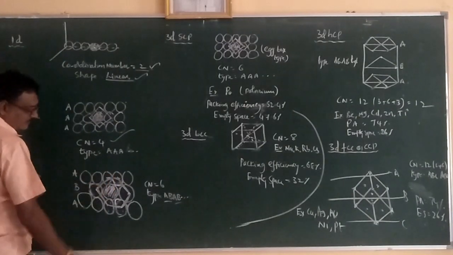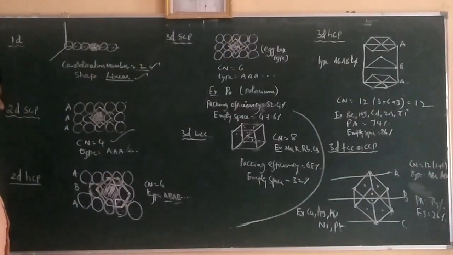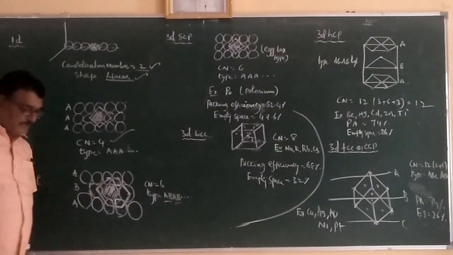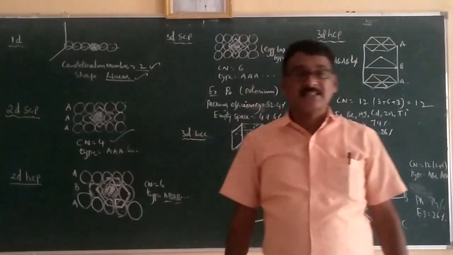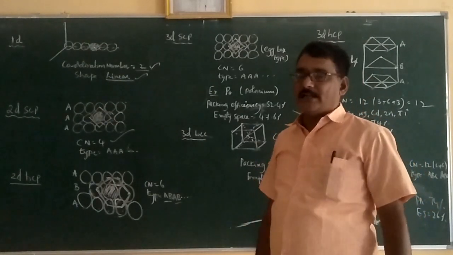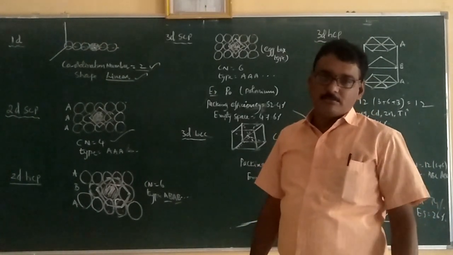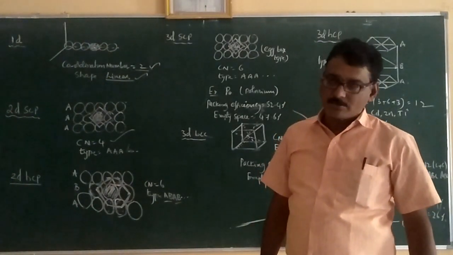So in 2D HCP, what is the coordination number? 6. Two-dimensional hexagonal close packing is AB type with coordination number 6.